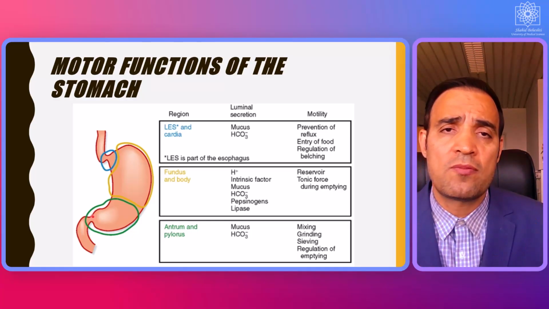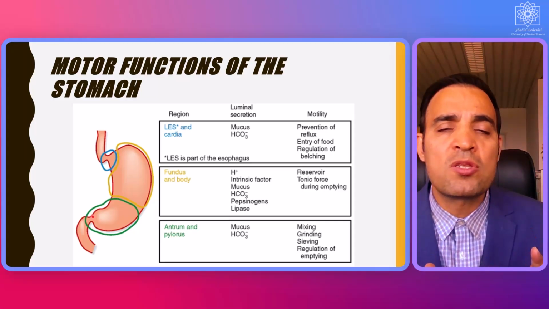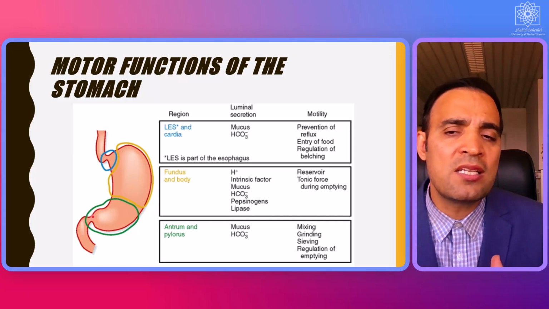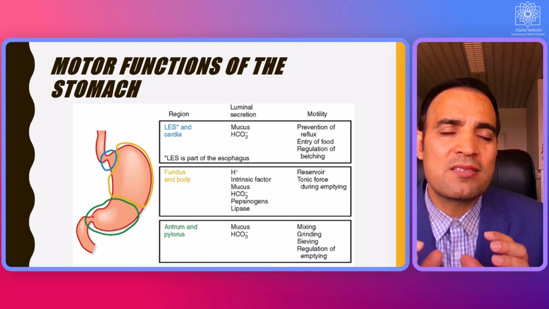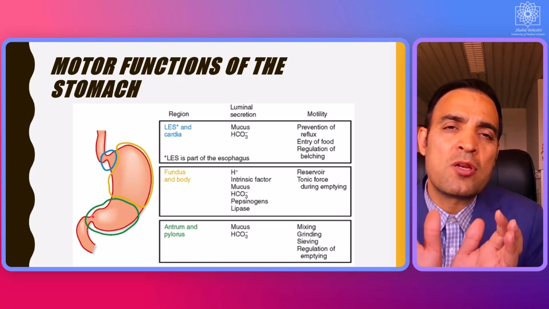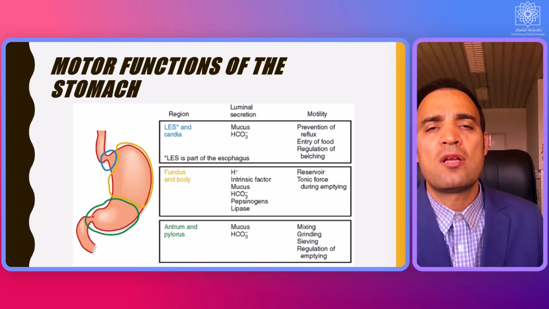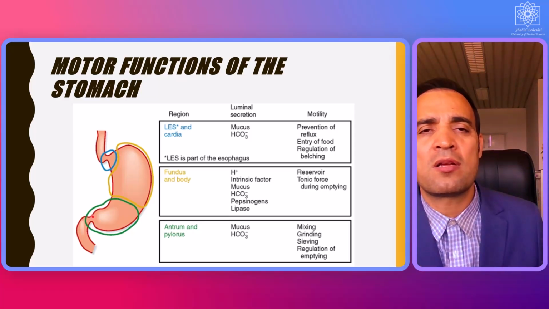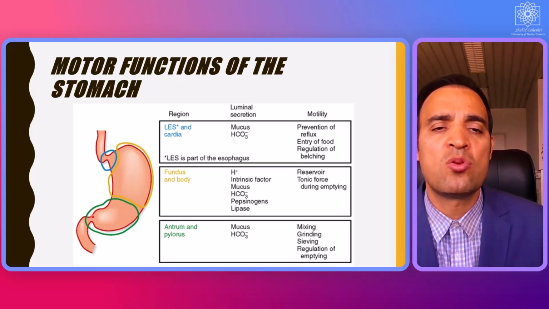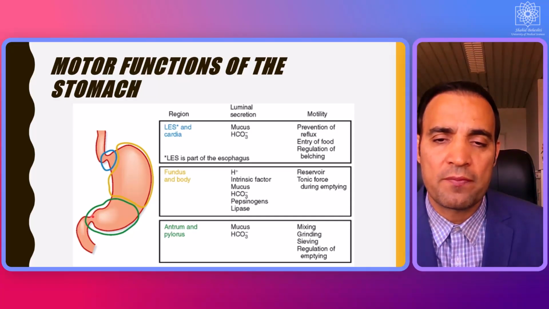In the antrum and the pylorus, therefore, the motility is mainly related to mixing, grinding, and some function like sieving that allows the liquid content to pass and the solid content to be rejected, resending it back into the fundus to be mixed and liquefied.